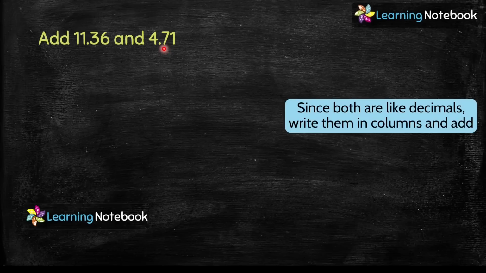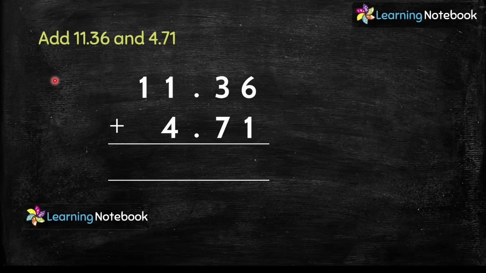So let's move to step 2, where we will write both of them in column in such a way that their decimal points are below each other.